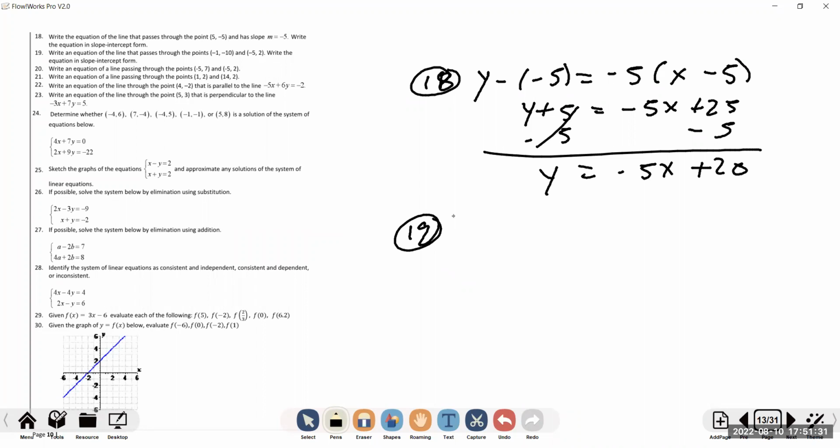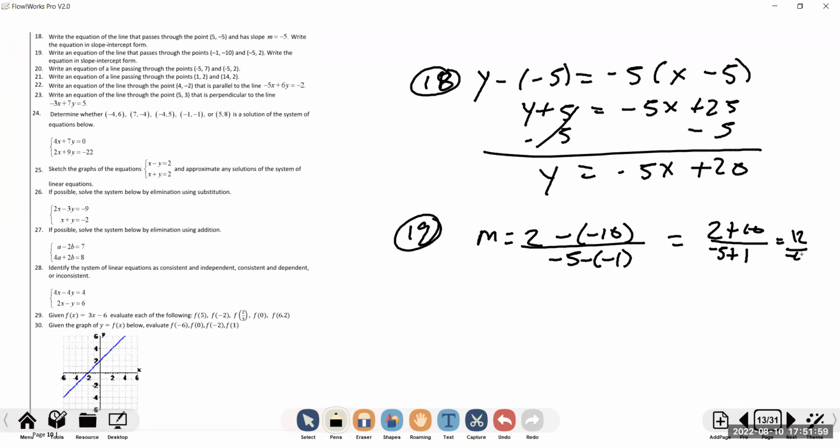That was number 18. Number 19 asks us to write an equation of a line that passes through the points (-1, -10) and (-5, 2), and write the equation in slope-intercept form. So our slope is 2 minus -10 over -5 minus -1, which is 2 plus 10 over -5 plus 1. 12 over -4 is -3. I'm going to show you there is something else that you can do.